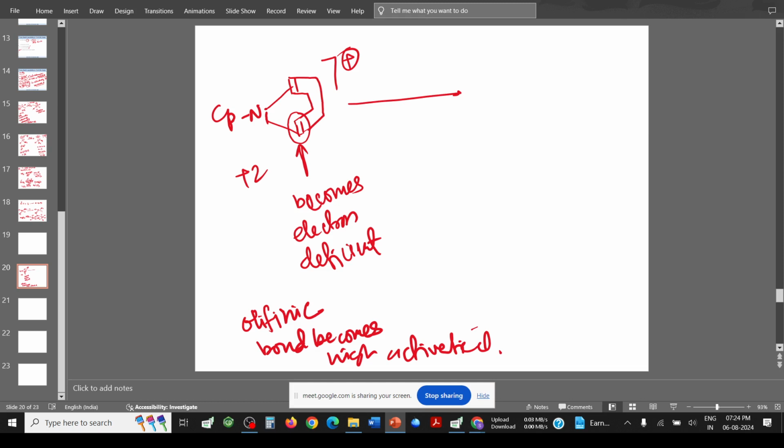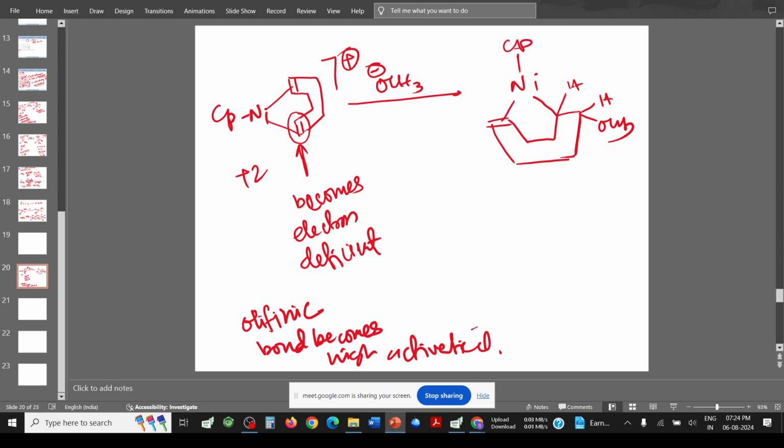These activated olefins, in the presence of any nucleophile like OCH3 minus, undergo attack to give the nickel complex, with this hydrogen and OCH3, and this hydrogen is bonded to the metal, and here Cp is as it is.